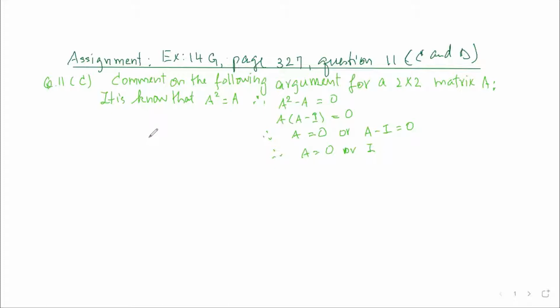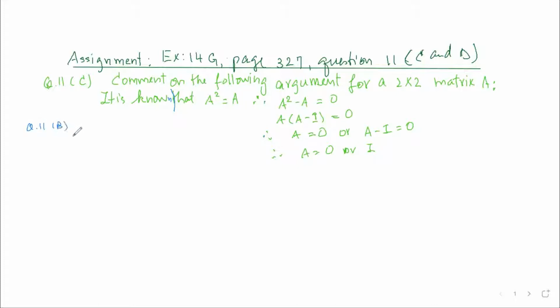From 11C, this question is to comment on the following argument: for a 2 by 2 matrix A, it is known that A squared equals A. This question actually follows from Question 11B also, if you have done 11B already.